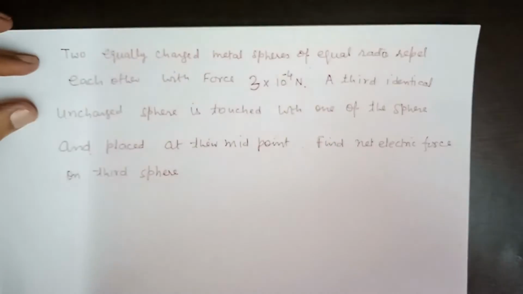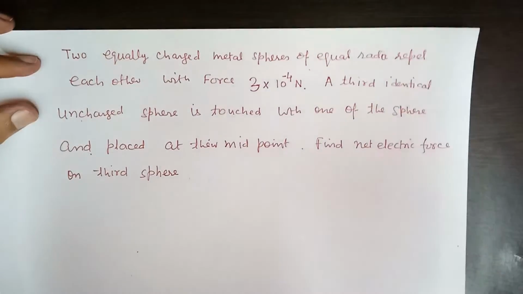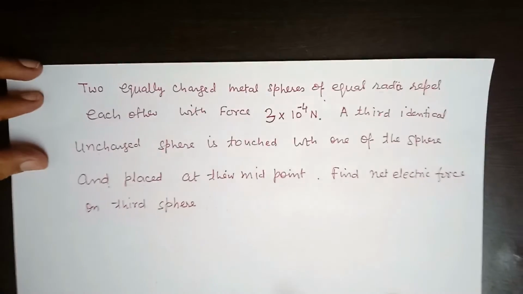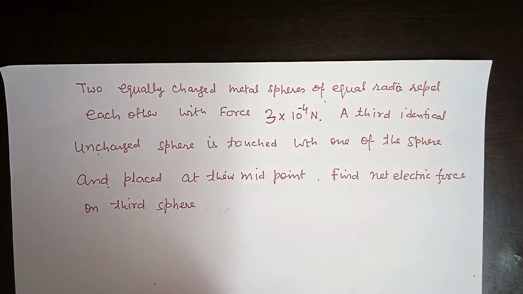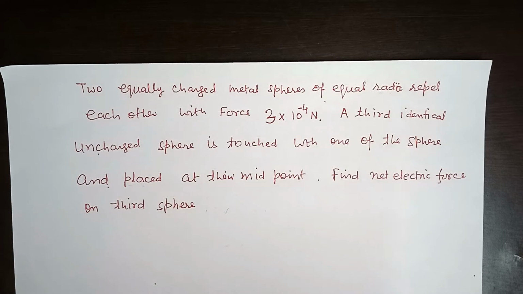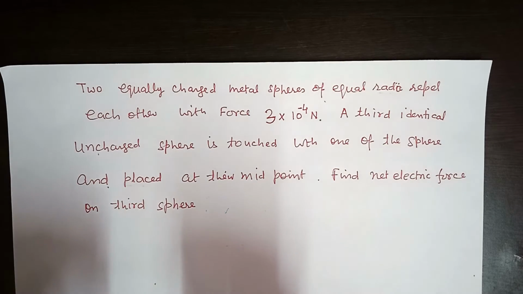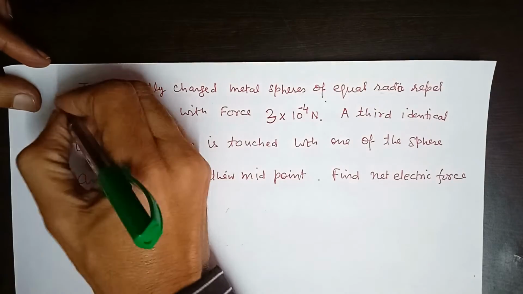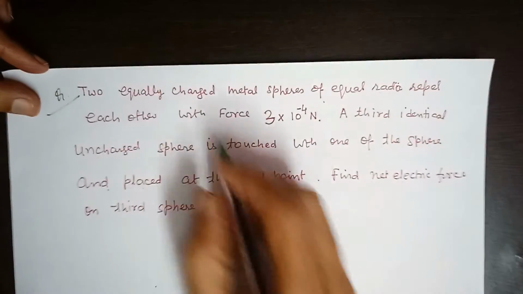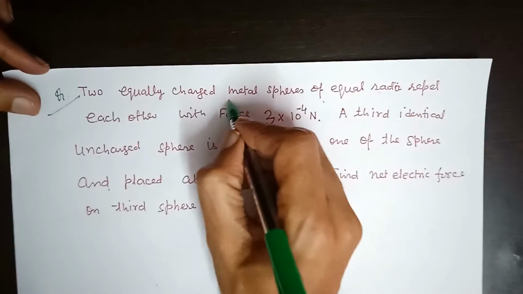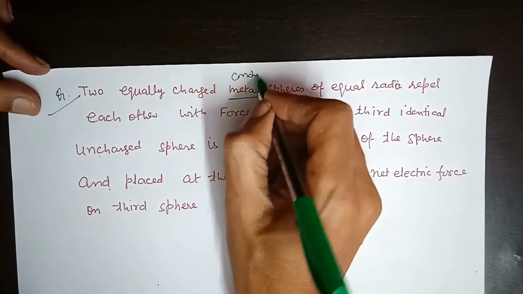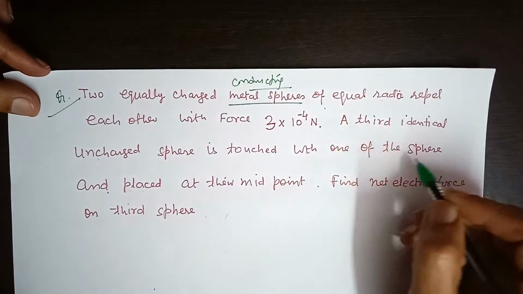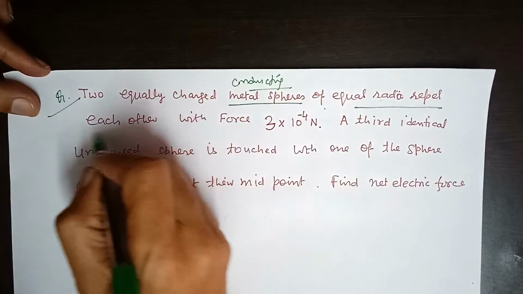Now we come to the next question. This is a very interesting question, and let us solve it. There are two equally charged metal spheres. Metal spheres means they are conducting spheres of equal radii, and they repel each other.